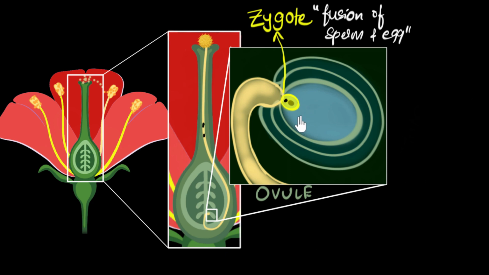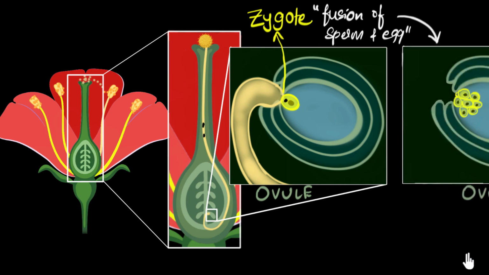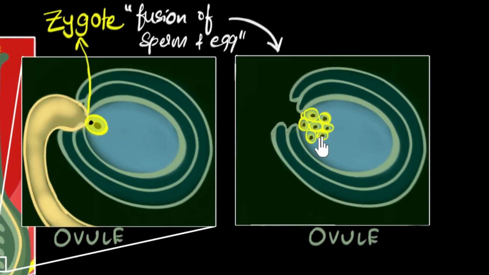What happens next? Well, next, a lot of changes start happening. First of all, the pollen tube has done its job, so it'll start disintegrating. Then we will see that the zygote will start dividing from 1 to 2, 2 to 4, 4 to many. So let me show you that. We can now see the zygote is multiplying. It's dividing into many more cells.